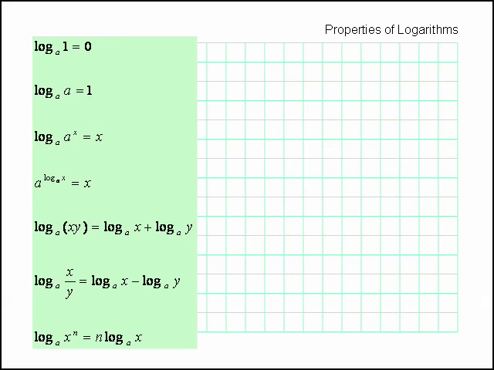Okay, now we're at property number 5. Property number 5 basically says that we can take multiplication, we have multiplication in our x times y, and we can turn it into addition. Here are some examples of using this property.